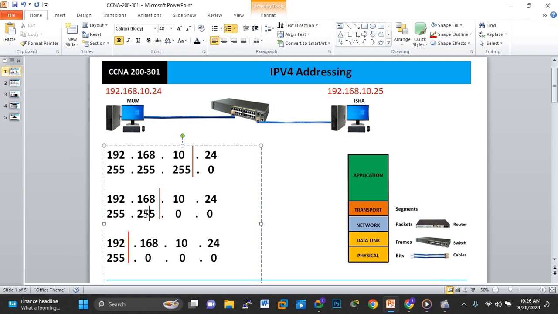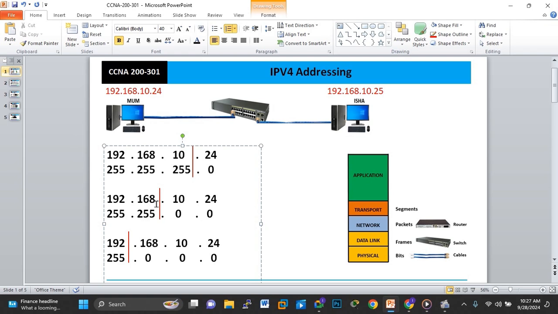When at 168 the subnet mask says 255, it tells us that this is the network. Now you can see the last two digits are 0, 0. This tells us that the division line shows that here is the host part.